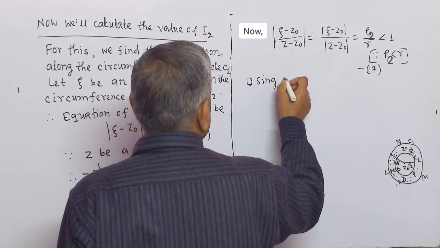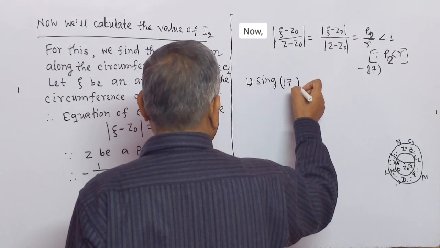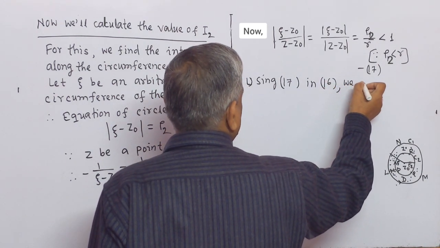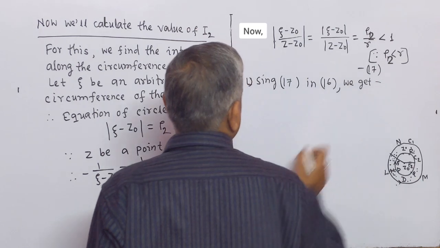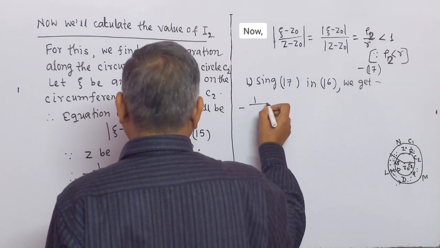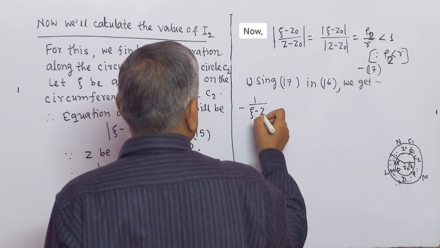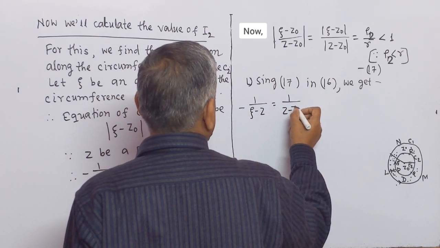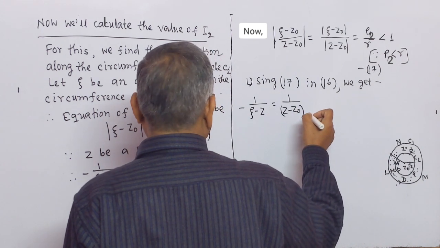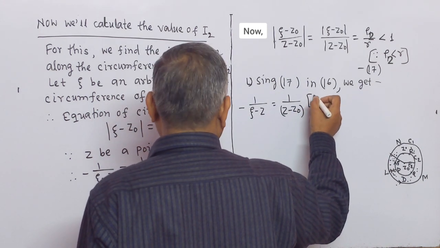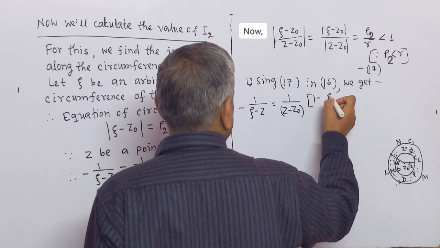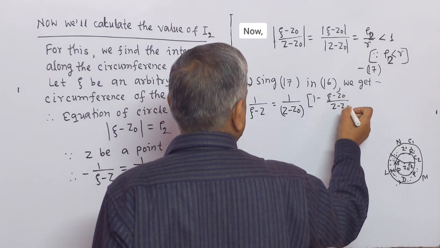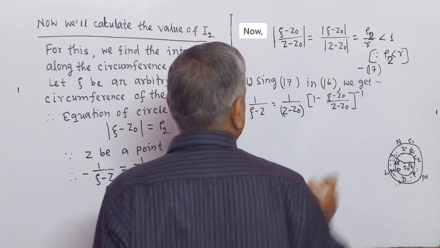Using 17 in 16, we get minus 1 by xi minus z equals 1 by z minus z naught multiplied by 1 minus xi minus z naught by z minus z naught, whole to the power minus 1.